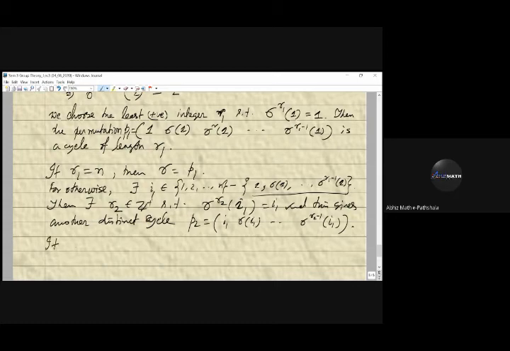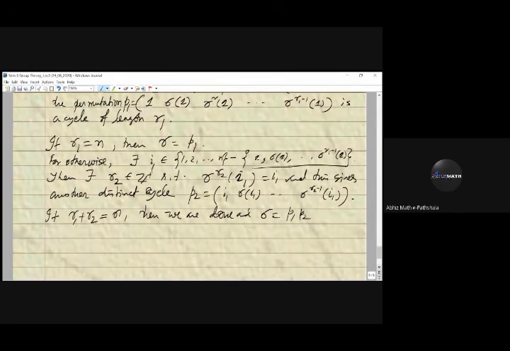So if r1 plus r2 equals n, then we are done, and sigma will be P1 composed with P2. If not, you just proceed with the same arguments and you will get another P3. But our set of objects is finite, that is 1 to n, so this process will continue only finitely many times.